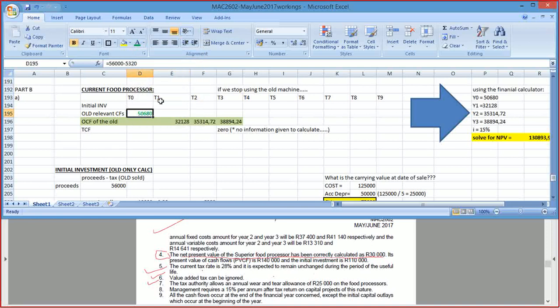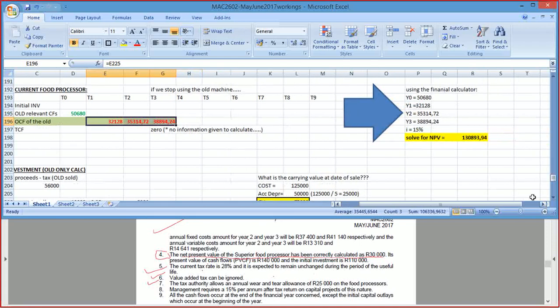Inflow, yes, because if they sell the asset they're going to get a benefit. What do they forego? They forego the benefits of the revenue that comes from the asset. Those are the negatives. So we need to fix this, because these should have been negative amounts, since that's what you're losing out.